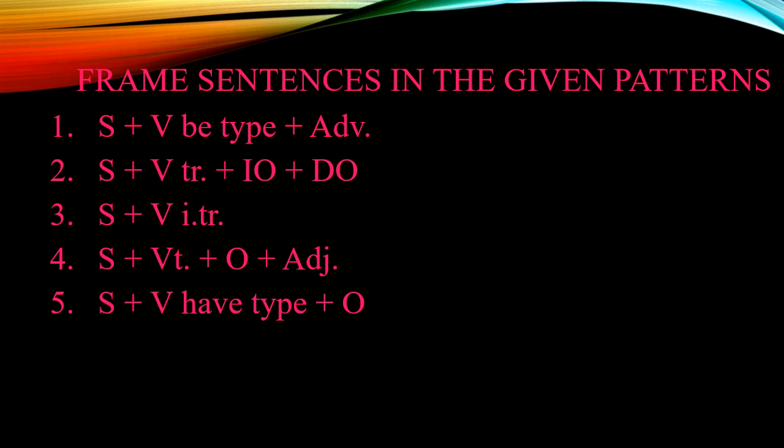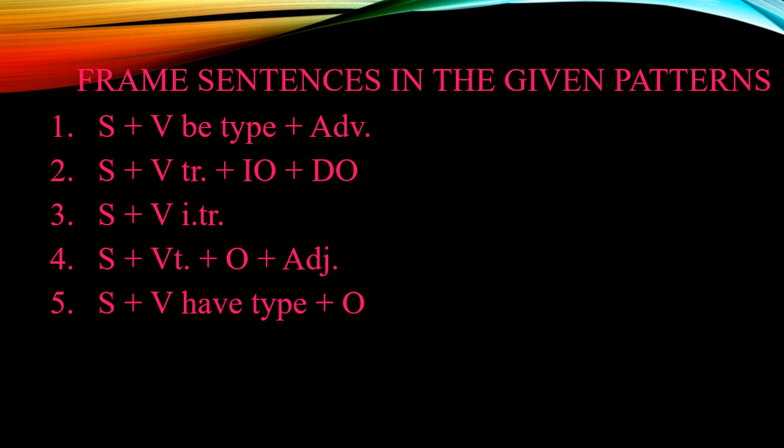They painted the room blue. All these are examples of subject plus verb transitive plus object, and then you have an adjective which is qualifying the object.